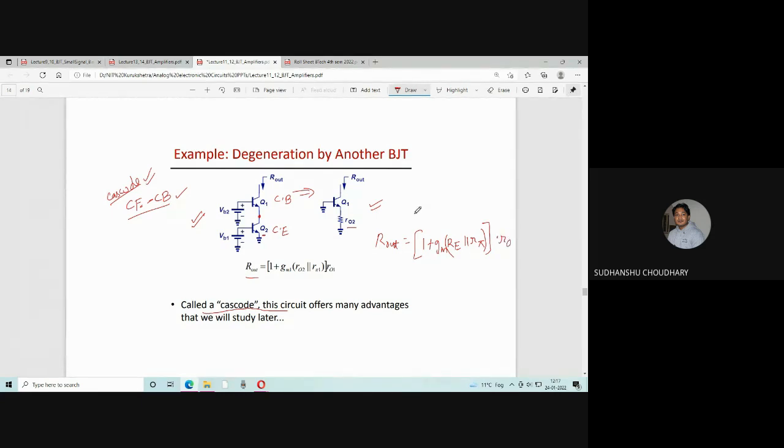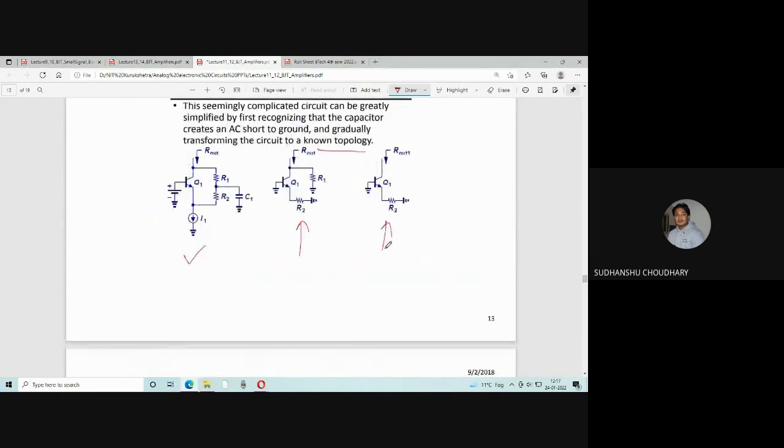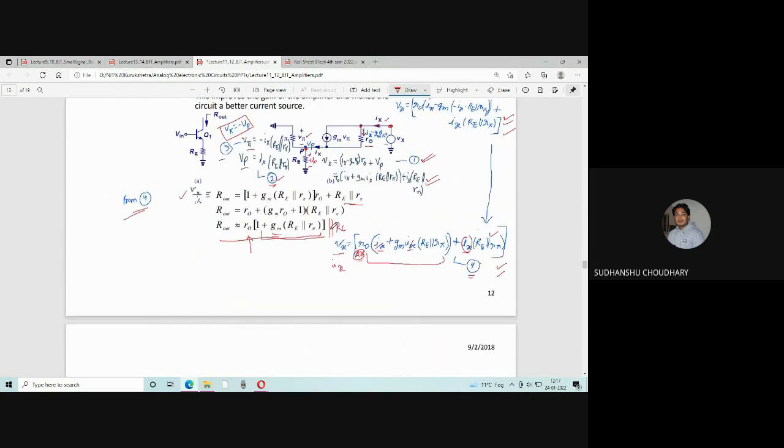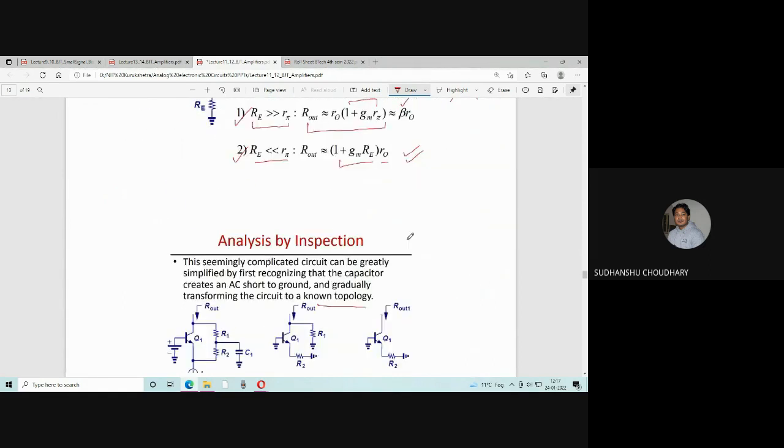So I'll show you again Rout for common emitter configuration with emitter degeneration. You can take from here, in fact this equation or this equation. That is R naught times 1 plus gm RE parallel to r pi. Same is written over here.